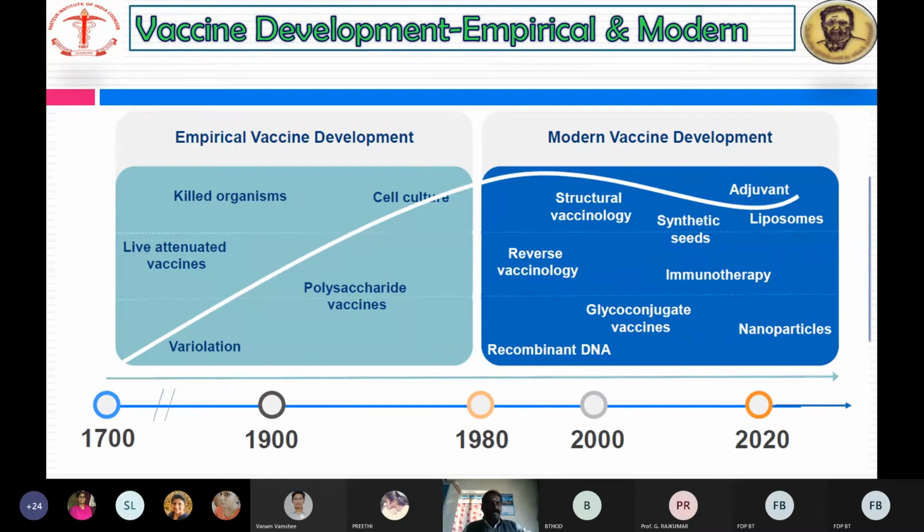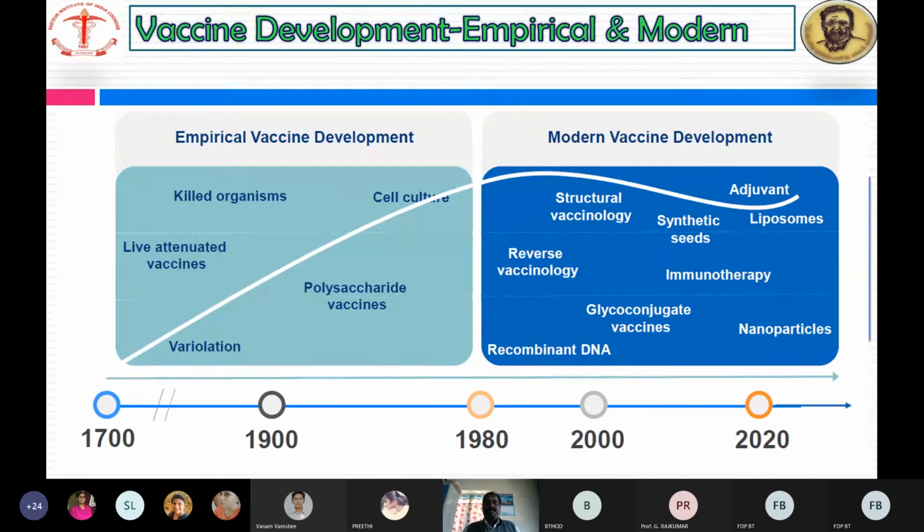So a normal vaccine means identifying the antigen, then going for propagation, identifying the toxin, then toxoid conversion, then going for the vaccine. But reverse vaccinology means identifying which gene is responsible for a particular disease. That gene is identified, then going for synthetic amino acids, then proteins, then the vaccine.